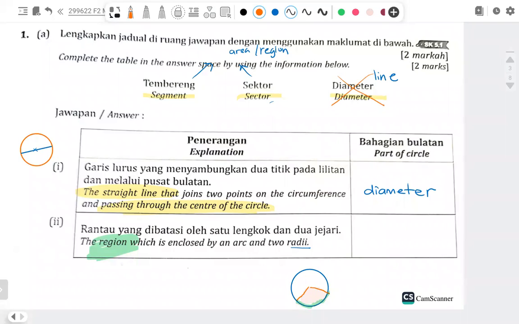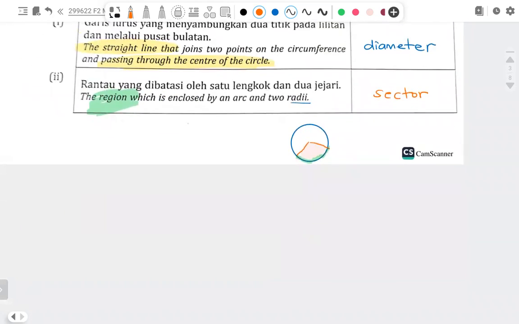Are you okay, Joe? What is the answer? The region which is enclosed by an arc and 2 radius is known as sector. Okay, next.